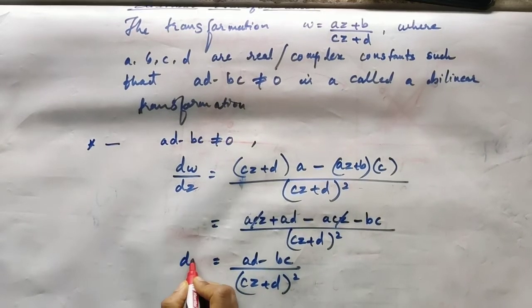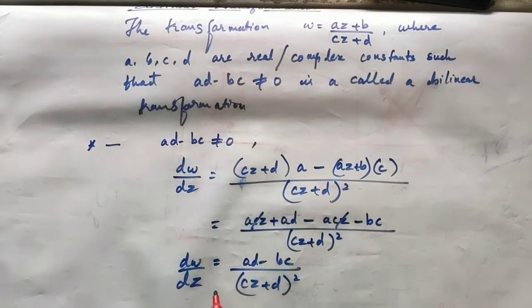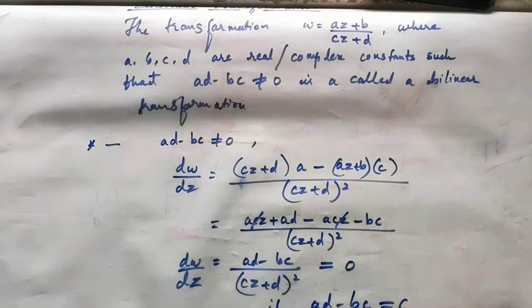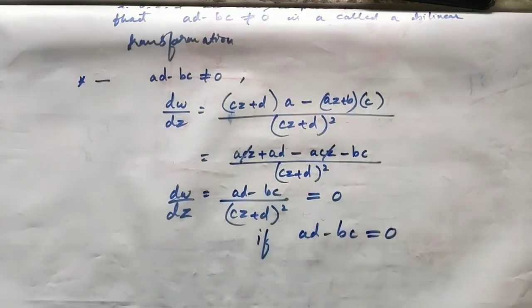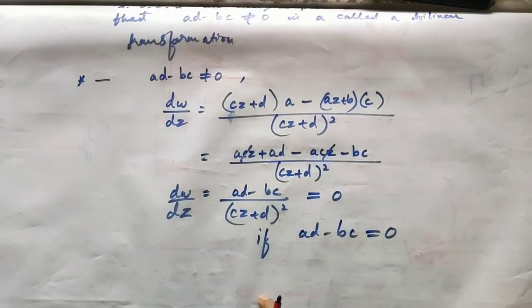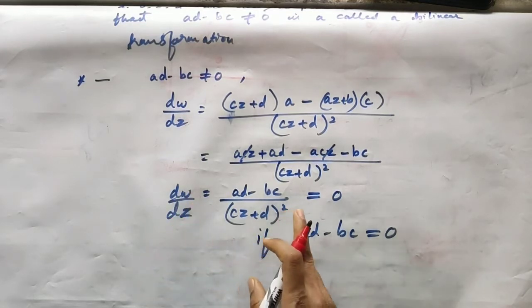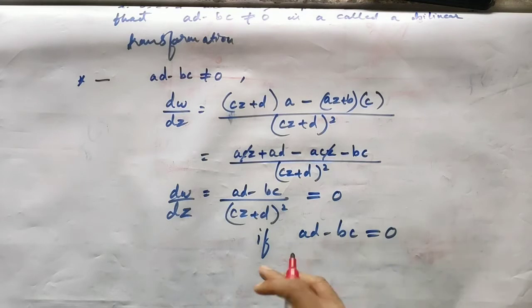Now this dw by dz will be equal to 0 if the numerator is 0, that is AD minus BC is equal to 0. Why am I stressing the point that the derivative of that function is equal to 0?